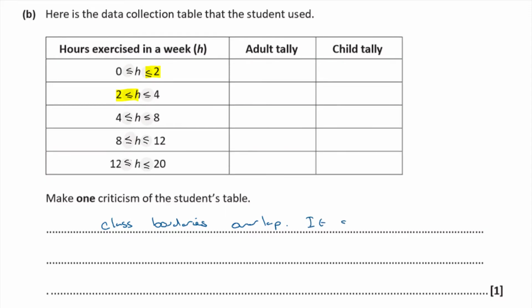It should be 0 is less than or equal to h, which is less than 2, etc. Okay, so yeah, if you use a greater than or equal to sign on the left and a strictly less than on the right, then the 2 belongs in the second group and it doesn't belong in both groups. Okay, so that's an error there that should be corrected.